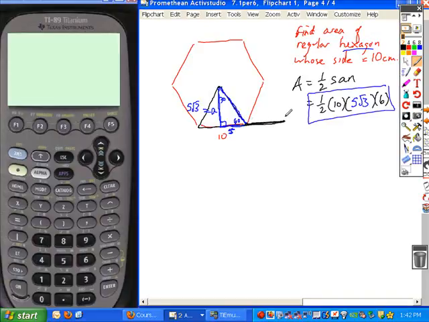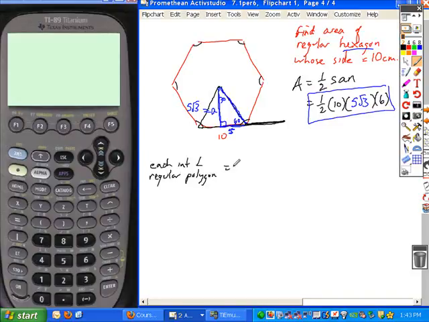And I want to take a look at a couple properties here. If you wanted to find what each angle is in this regular polygon, how could you solve it? There's a couple different ways as a review from yesterday. What's one way to find each interior angle of a regular polygon?